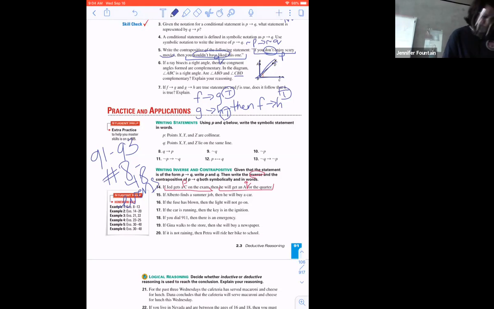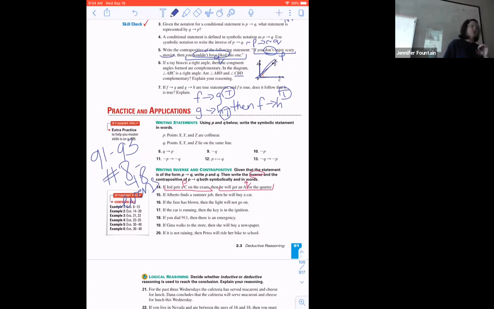Starting with number 8, we were doing our if-then statements in this section, talking about, remember, if P, then Q. We talked about how that is our conditional statement. We learned that the P represents the hypothesis, and what does Q represent? The conclusion. Okay, so we've got our hypothesis and a conclusion.